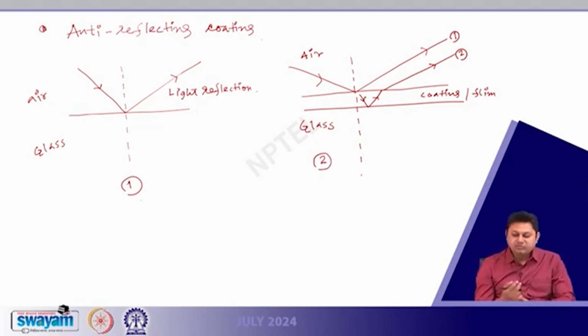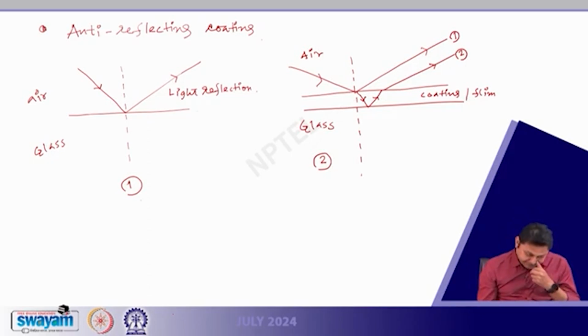In this case, since we have two rays, there is a possibility that we can make these two rays interfere destructively, and if that is the case, then there will be no reflection out of this system, and that is called the anti-reflecting coating. So the goal here is to put a coat over the glass plate so that there should not be any undesired reflection from this glass block. By just putting a coating, we can do that.